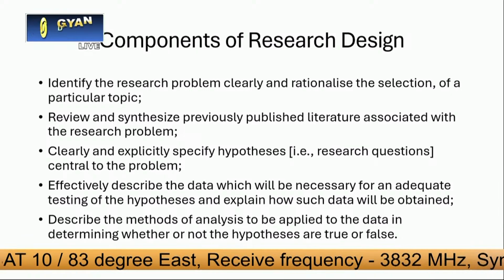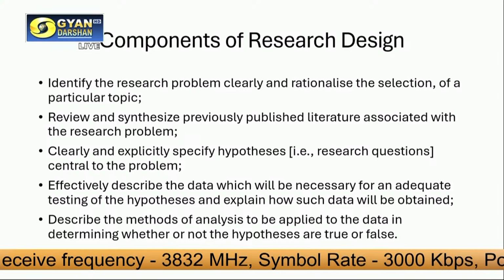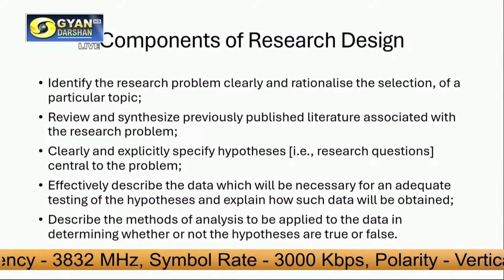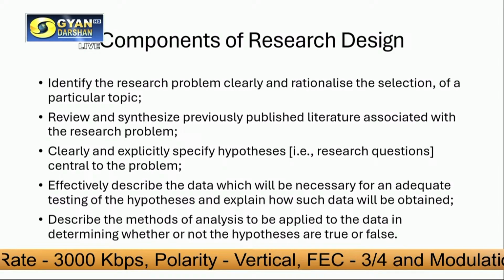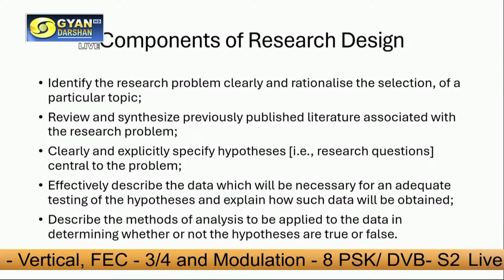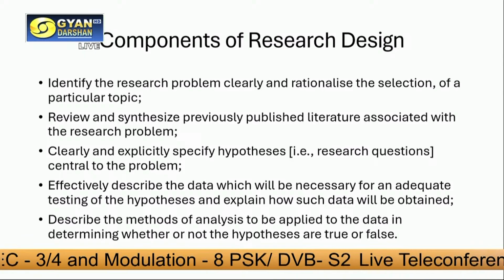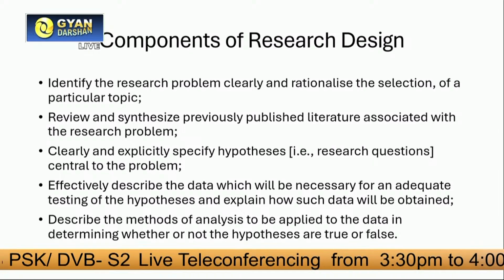Based on the research questions, the next step is sample selection, because there is a universe, and you can't take the entire population or universe for your research study. Therefore, selection of sample is important.